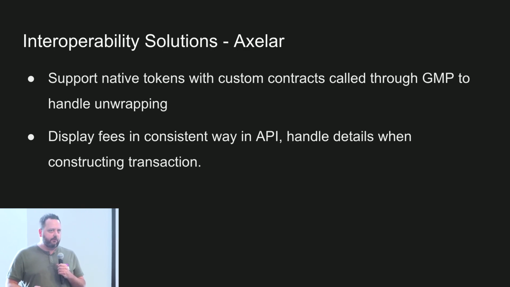So Skip API tries to always say that if you're sending 10 USD, the fees come out of that 10 USD as opposed to being added onto it. The only exception is if you're paying in a different token. Our API has a message that front ends can use to display. In IBC Fund, we display that message just to say, by the way, there's a bridge fee associated with this.